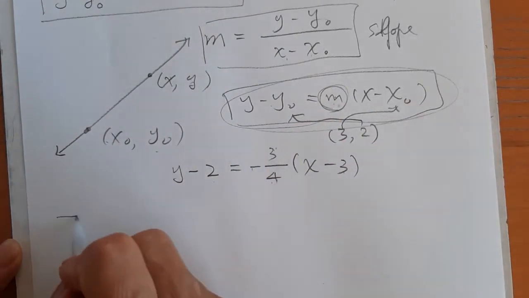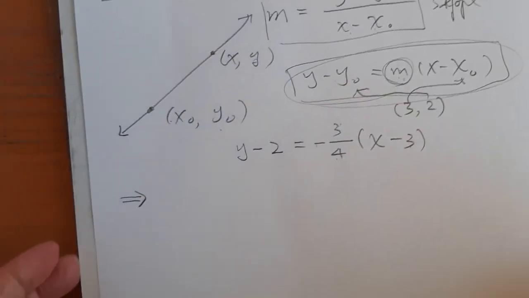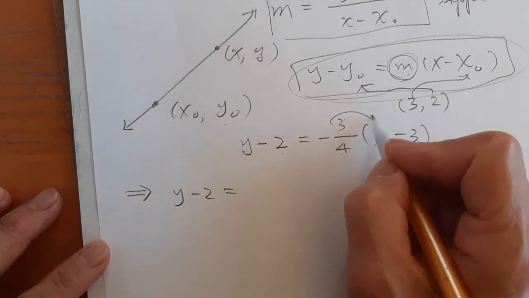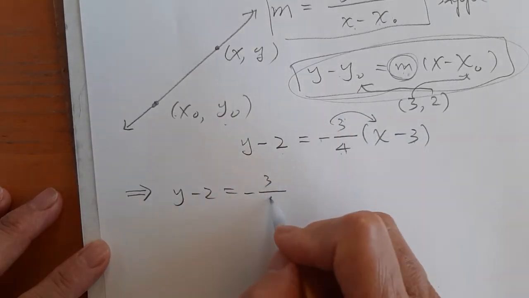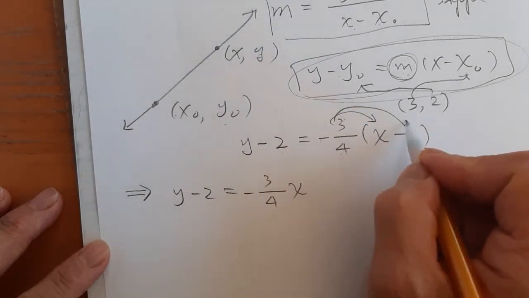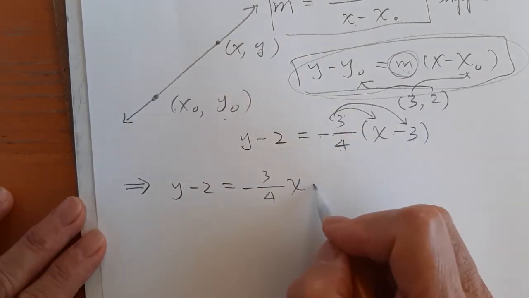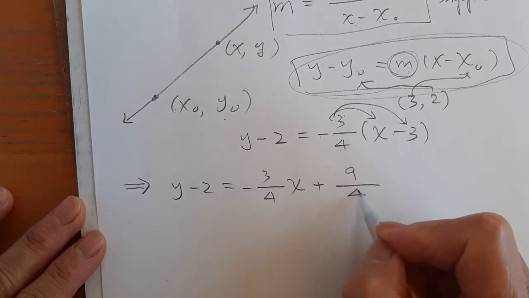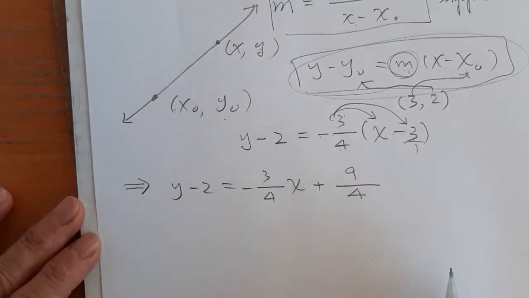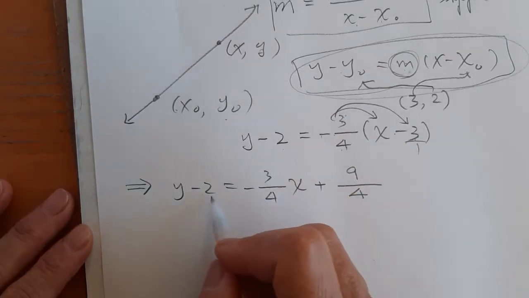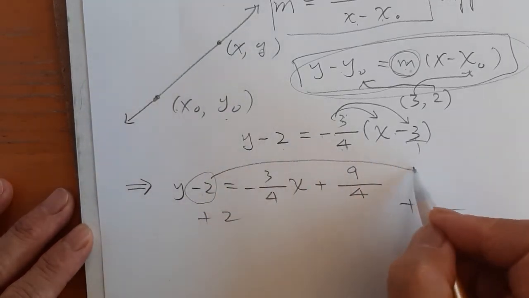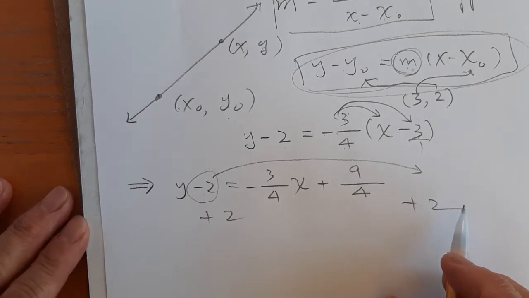Then change to the slope-intercept form. So y minus 2 equals, distributing negative 3/4 over x minus 3, negative times negative is positive, 3 times 3 is 9, over 4, because 3 is 3/1. Then you add 2 to both sides, or move 2 to the right and change the sign.